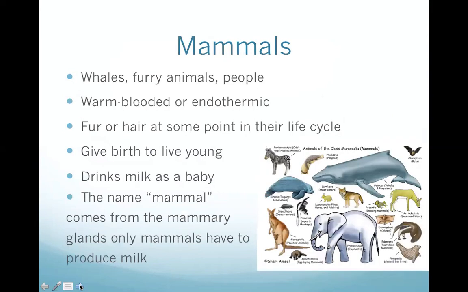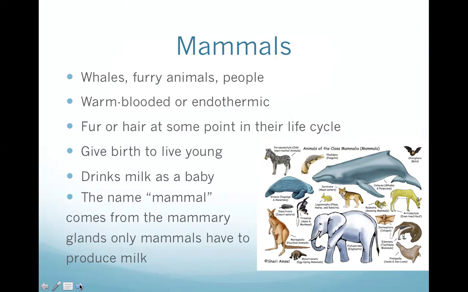So our final group is mammals, like whales, furry animals, or people even are considered mammals. Mammals are all warm-blooded or endothermic. They have fur or hair at some point in their life cycle. And yes, even whales and dolphins, they're considered mammals. They do have a little bit of hair on them, keeping them in that mammal category.